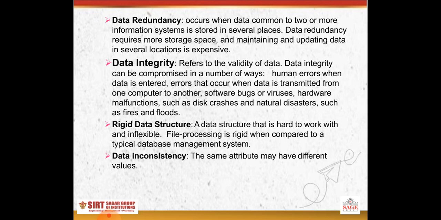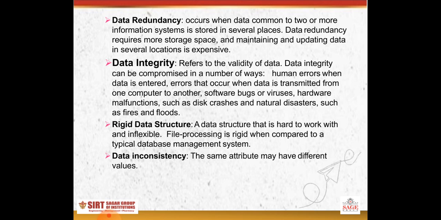Data redundancy. Data redundancy occurs when common data of two or more information systems are stored in several places. It requires more storage space. Maintaining and updating the data in several locations is expensive. Data integrity refers to the validity of data.